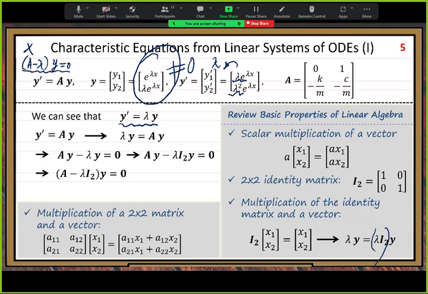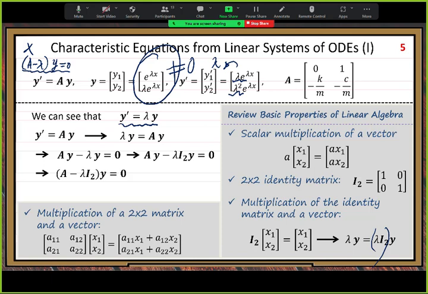After this one, what's next? Here you see one matrix, the parenthesis A minus lambda I2, a 2 by 2 matrix, times a vector equals 0.